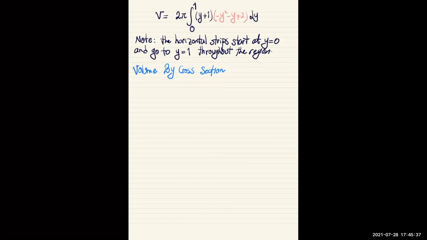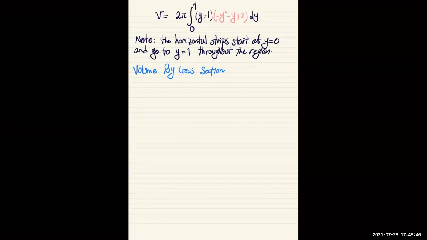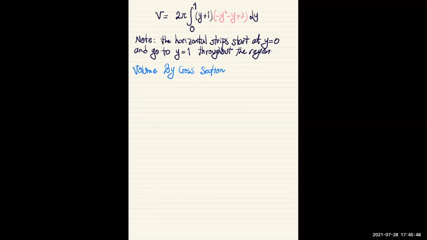a solid around anything? So the way this works out is that imagine we have a solid here, and let's say that the base of the solid is on the XY plane.